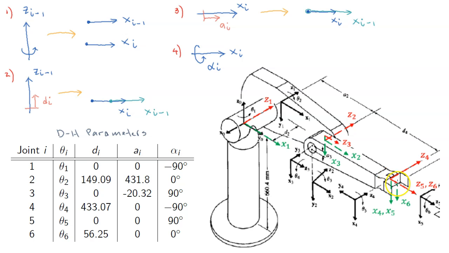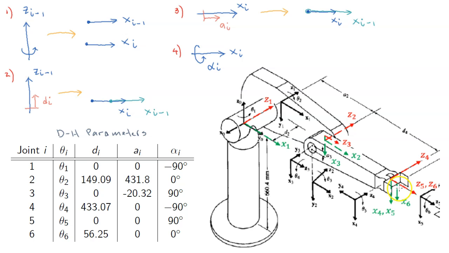I have to move this much in order to make x5 and x6 be on the same line. This is 56.25, this much from here to here.